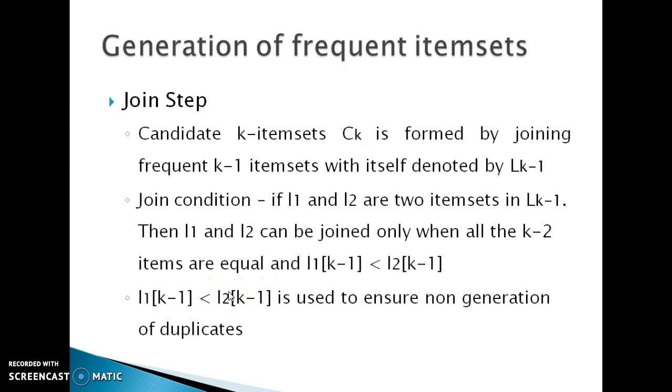For example, take a 3 item set A comma B comma C, and another item set A comma B comma D. These can be joined because in all the previous positions they are equal, that is, A is equal to A, B is equal to B, and they differ only in the last position. If that is the case, you can join the 2 item sets to form a candidate K item set. When you join, you get A comma B comma C comma D. So we have formed a 4 item set from 3 item sets.